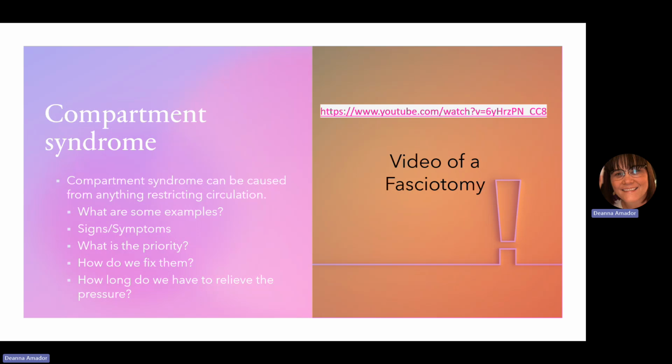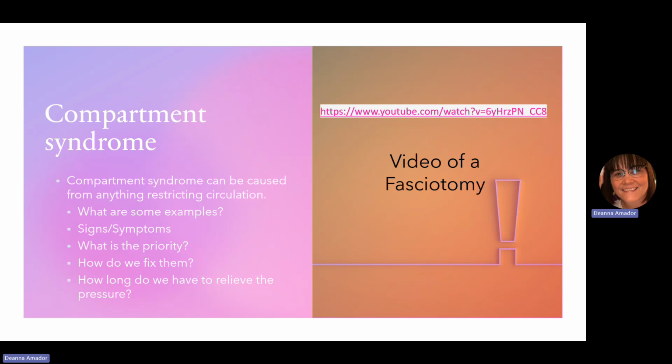So, compartment syndrome, when you're thinking about limbs, this could be something caused from a cast. So what are some examples that can restrict circulation? It could be a cast. We talked about burns this last week, and how you would have to do escharotomies because that eschar tissue can make it so the chest wall cannot expand and help with ventilation.